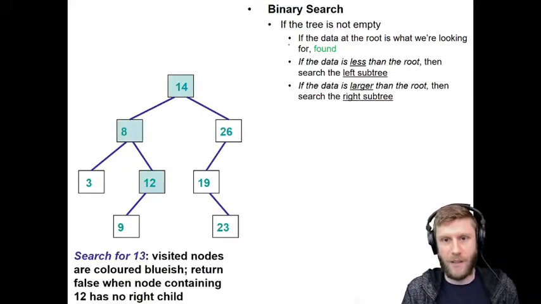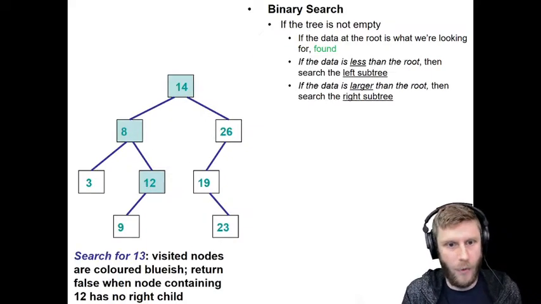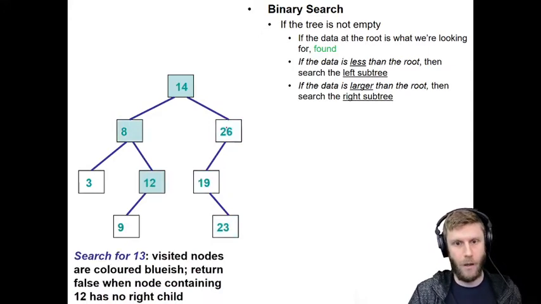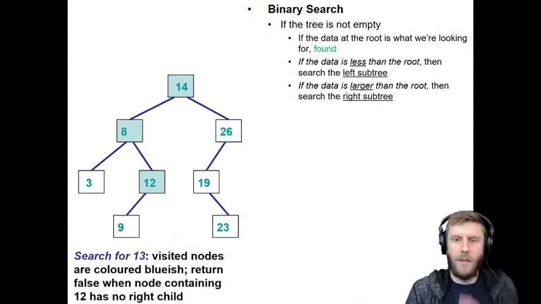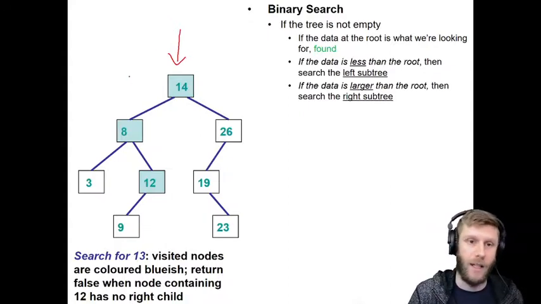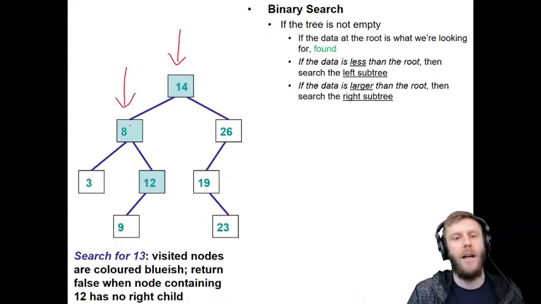So let's follow this. What am I looking for? We're searching for 13. If I go here and I'm looking at 14, which way should I go? Well, 13 is less than 14, so I go over here. Now I'm looking at 8, but I'm looking for 13.